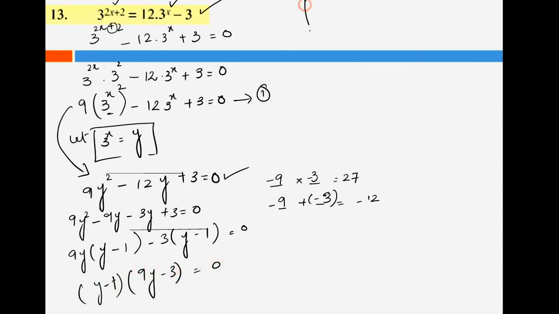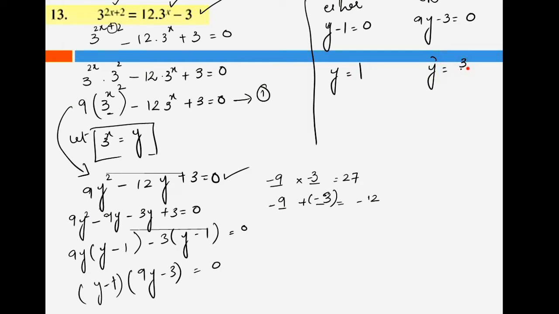So now apply the either-or condition. Either y minus 1 is equal to 0 or 9y minus 3 is equal to 0. Y is equal to 1 and y is equal to 3 upon 9. 3 1s are 3, 3 3s are 9. Y is equal to 1 upon 3 we have. So we have two values of y.